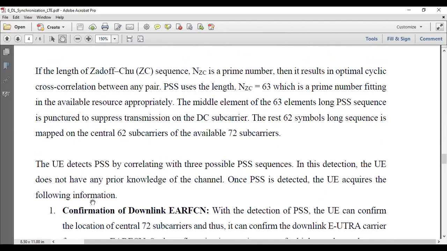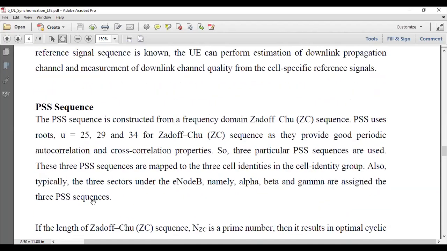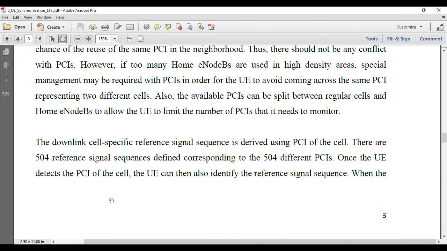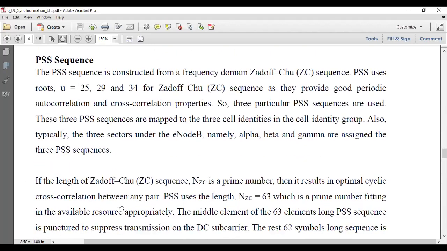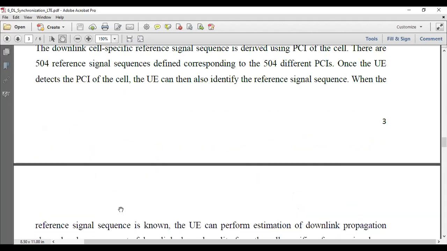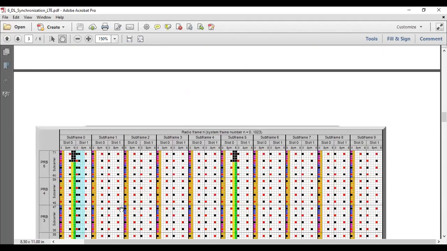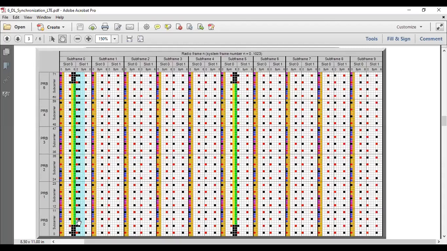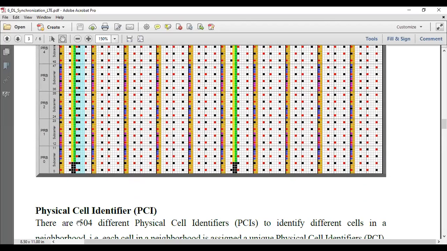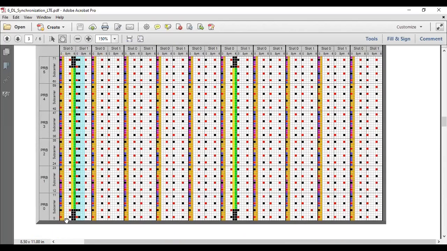We won't go into the detail here, but the point is you have a PN sequence which is laid along the frequencies. The advantage is that you need just one symbol for the correlation to find out whether or not you have the PSS here.